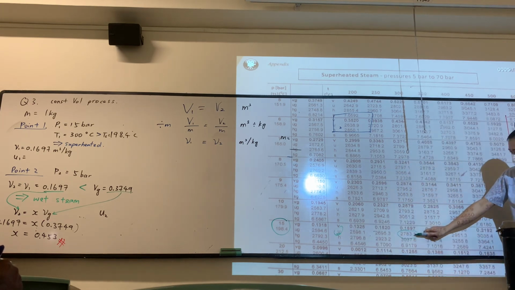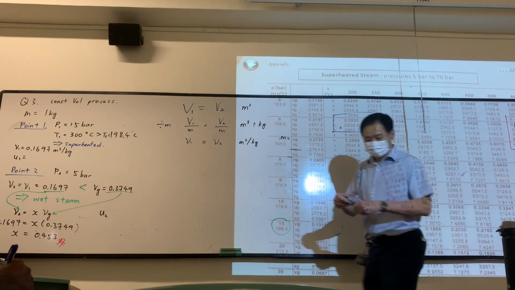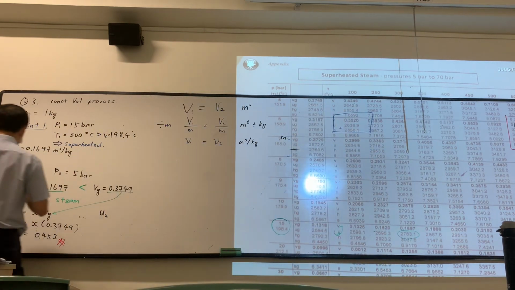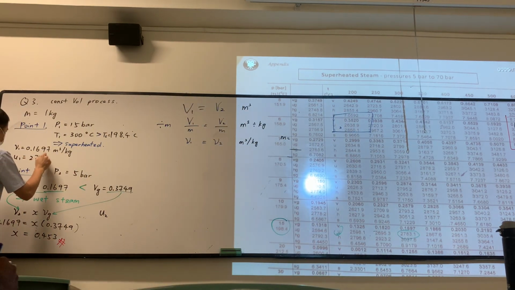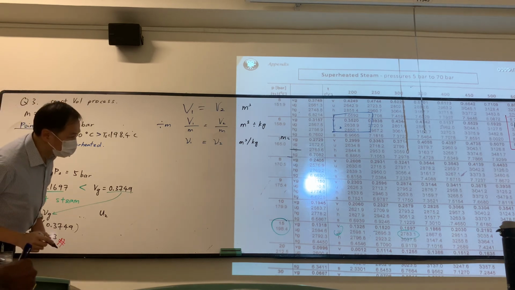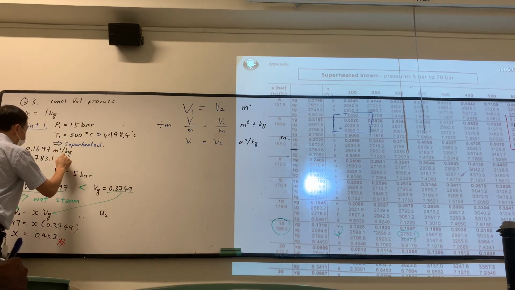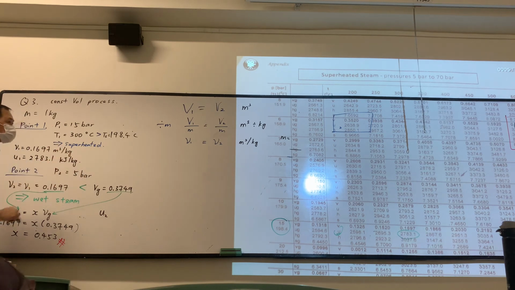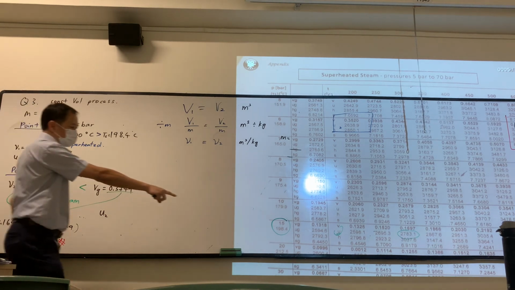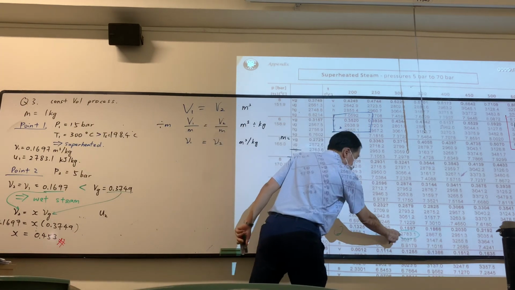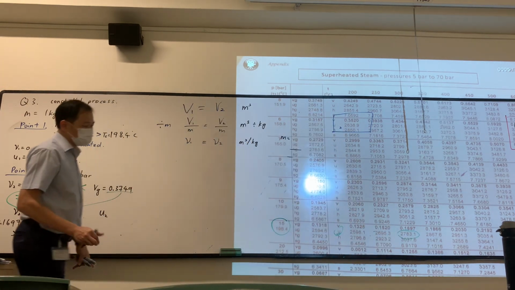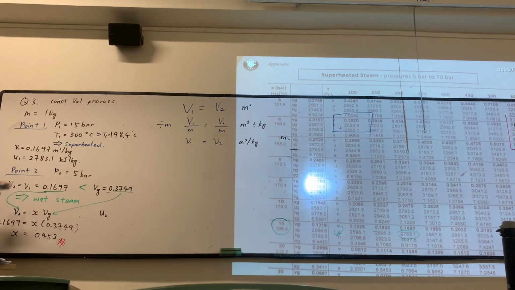So it's 2783.1 kilojoule per kilogram, from the superheated steam table. So this is U1, at 15 bar, 300 degrees C. So U1 is settled.